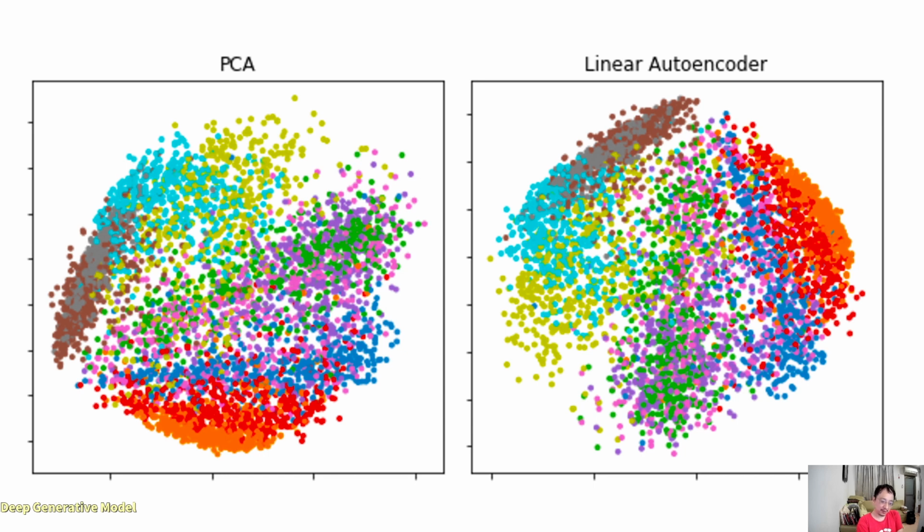Although there is no guarantee, in many situations it will be very close to the result of PCA. For example, in this example, it's just a rotation, because you cannot control a rotation itself. But after a rotation, the results of PCA and the linear autoencoder are very similar, because after all, they are just a linear transformation into the same size of latent space.